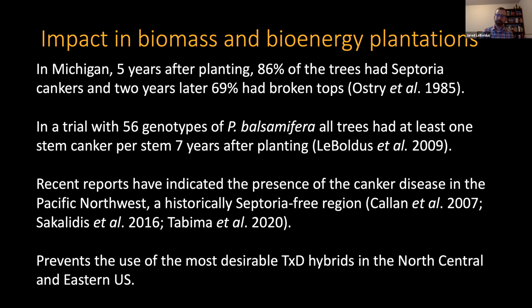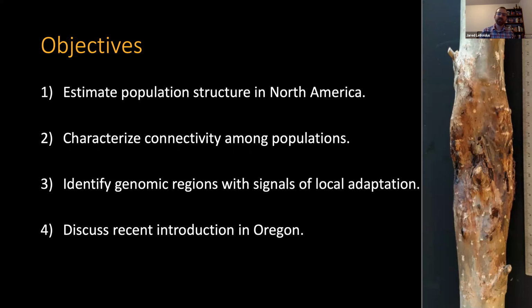So the objectives of this talk, or what I want to talk about today, and this paper, were basically to get an idea of the population structure of the pathogen in North America. We want to characterize the connectivity among populations. So this is basically to give an idea of how this pathogen might be spreading across North America.